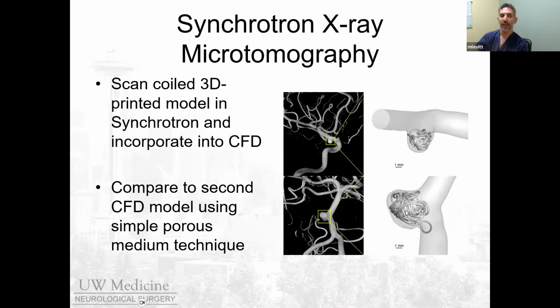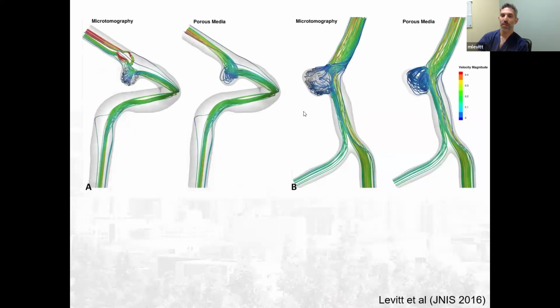And we can use that to do some modeling of the effects of blood flow before and after coiling. So normally what we do is we treat these coils as sort of a uniform, what we call porous medium, where the aneurysm is filled up, but we don't know exactly where each wire is. We just sort of guess.